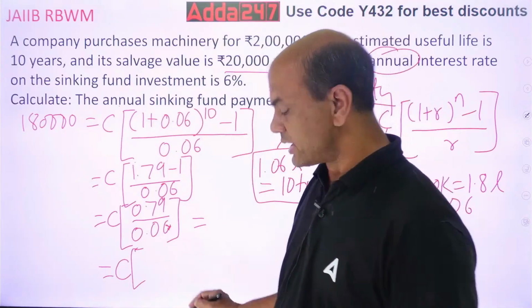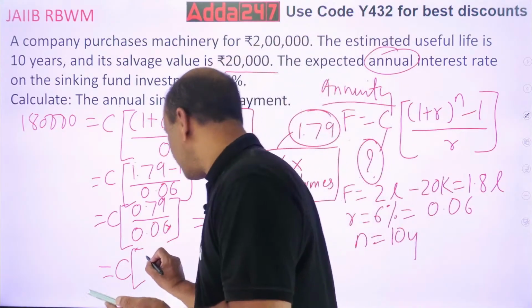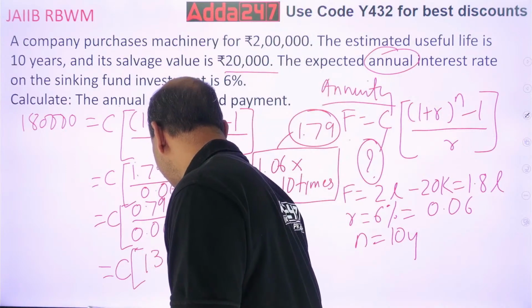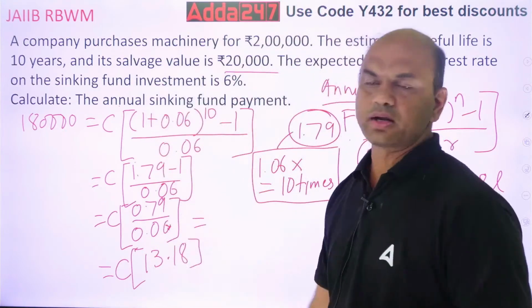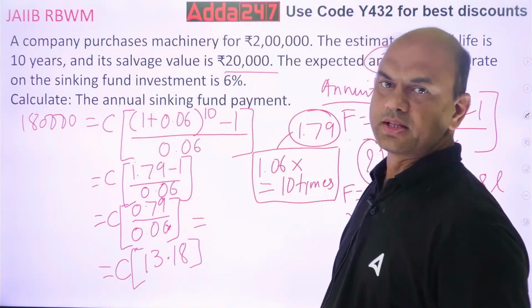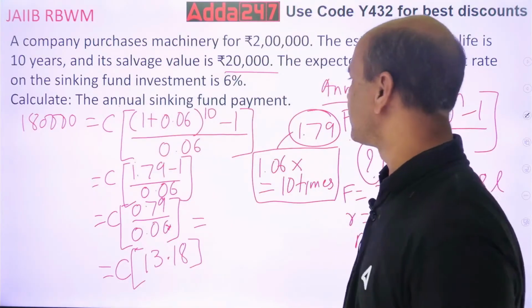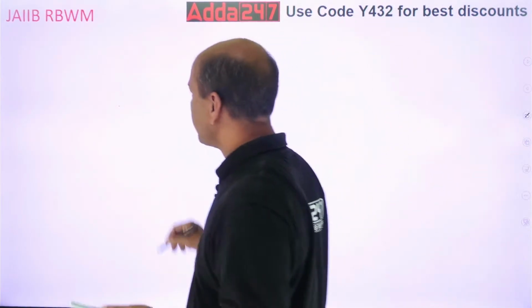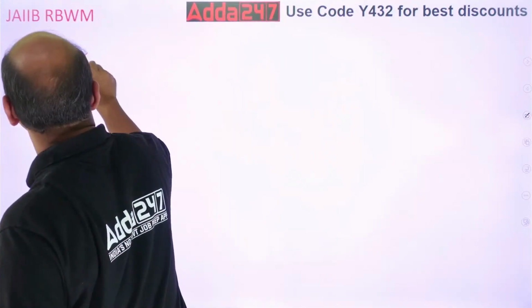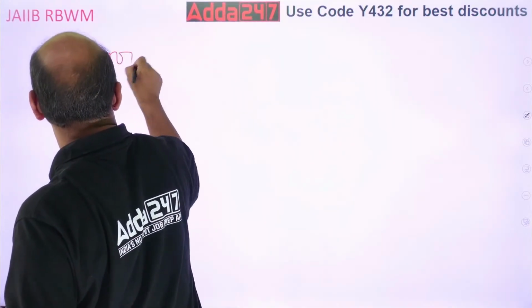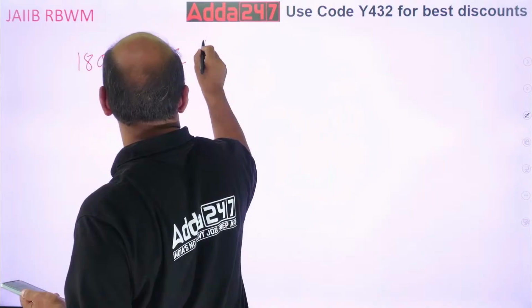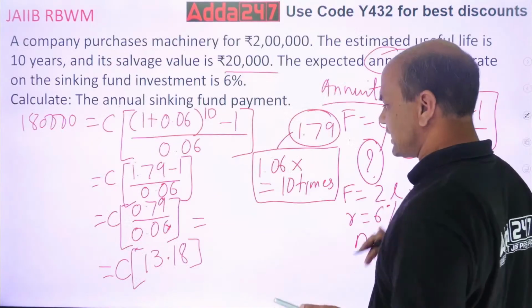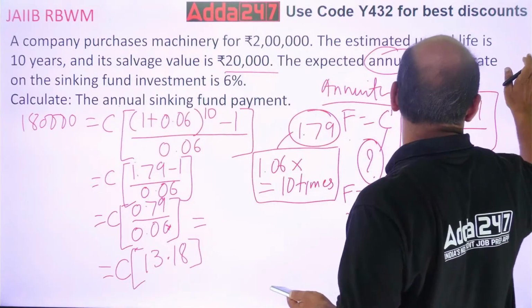13.18. So now what is the equation you are getting? 1,80,000 equals C into 13 point something, so let's get the exact figure, 13.18.